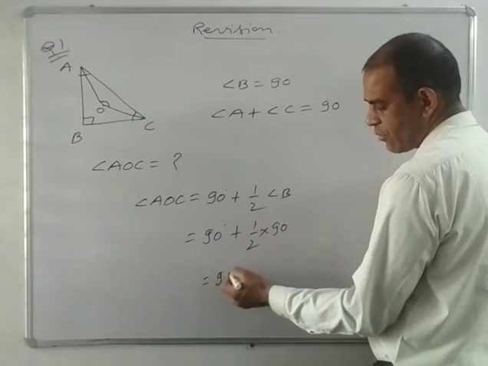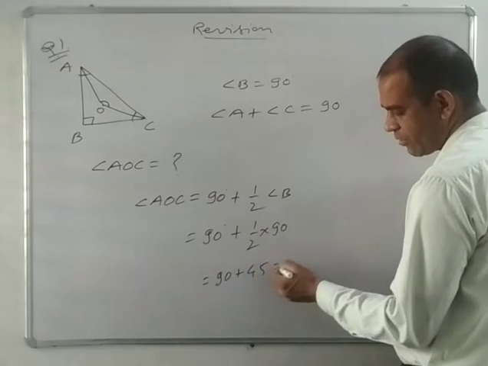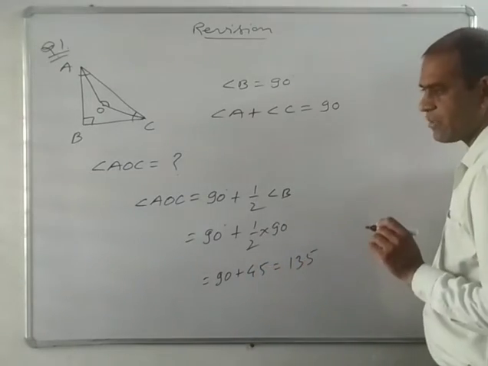Half of 90 is 45, and 90 plus 45 is 135.